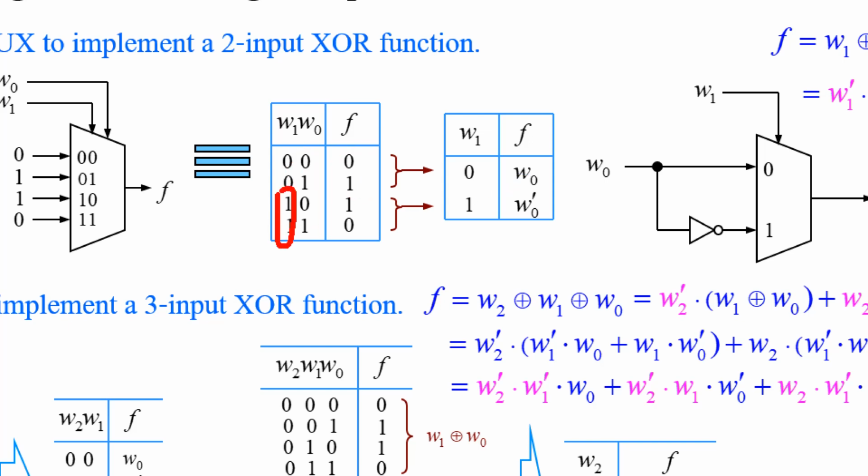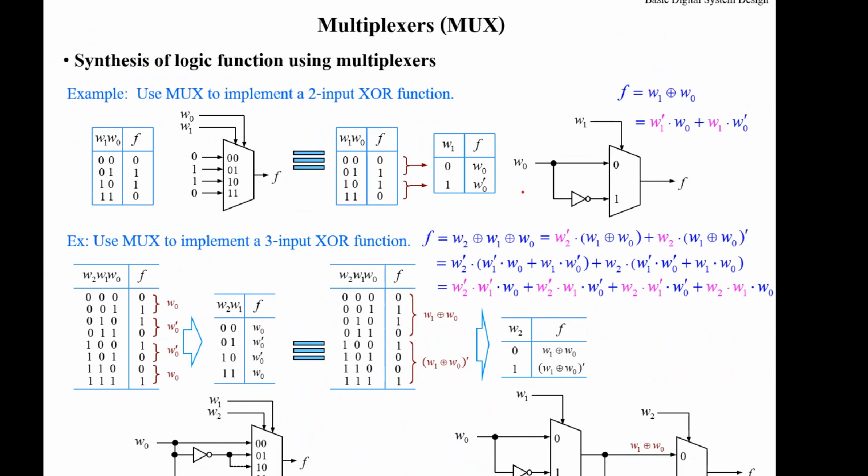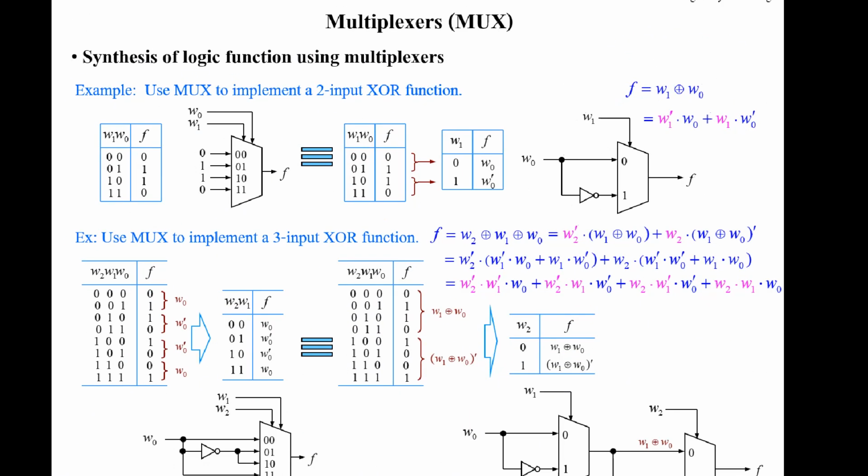When W1 is 1, your function value is opposite to W0. Then you write W0 prime. That means when W1 is 0, the output that you want is W0, then apply W0 here. When W1 is 1, you want W0 prime here, then you apply W0 prime here. Maybe use an inverter to generate W0 prime. Okay, that's all.